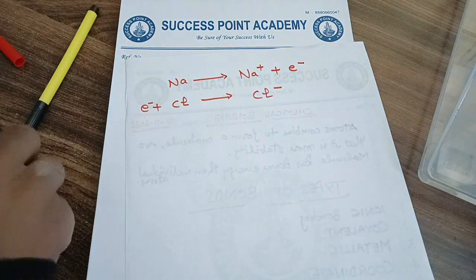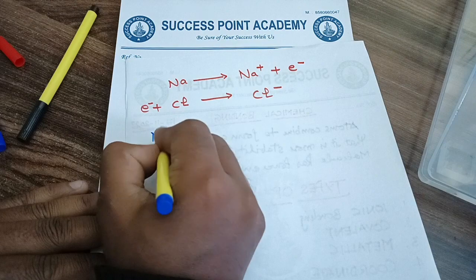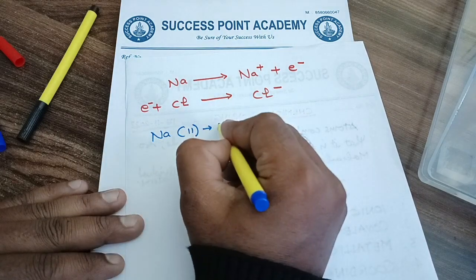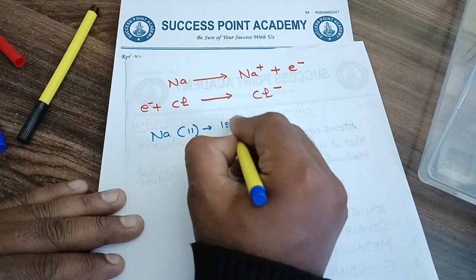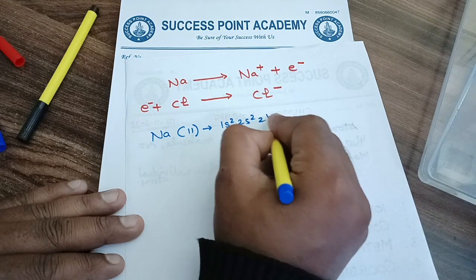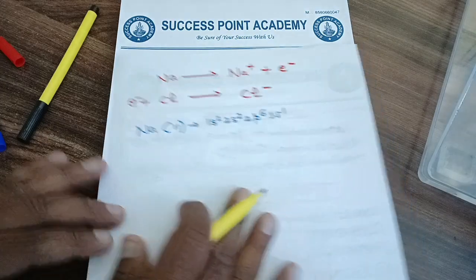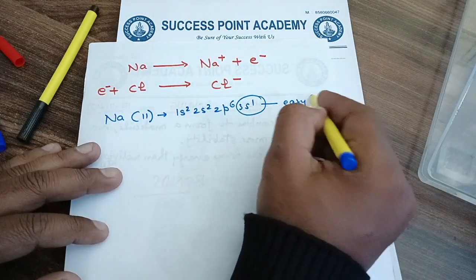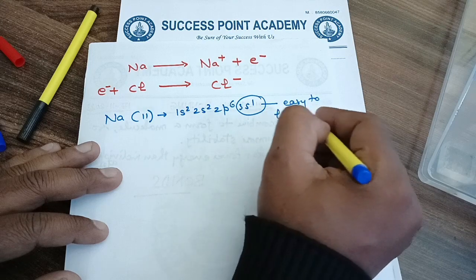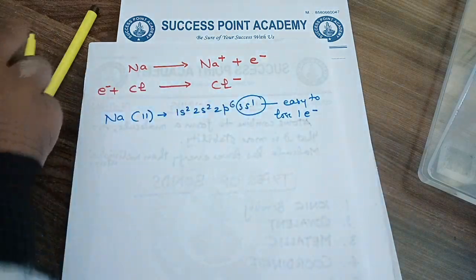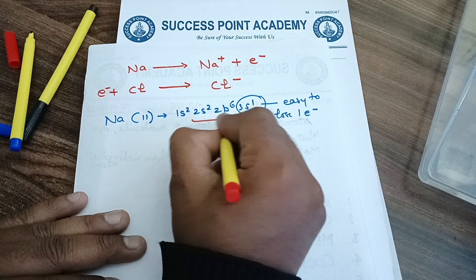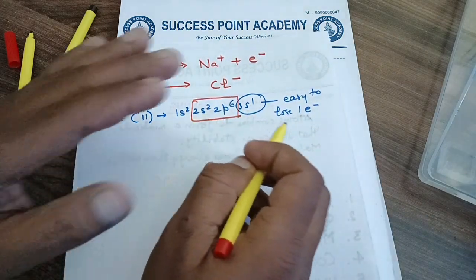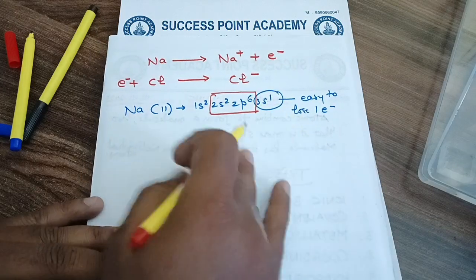Sodium's atomic number is 11, so its electronic configuration is 1s2, 2s2, 2p6, 3s1. It is easy to lose one electron to become more stable, because the octet is then complete.